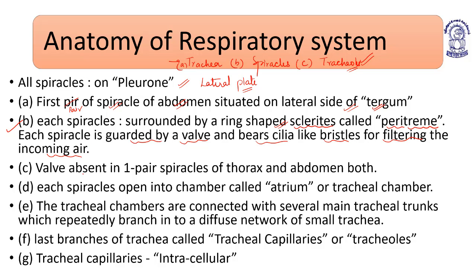Valves are absent in the first pair of spiracles of thorax, between pro and mesothorax, and the first abdominal segment as well.